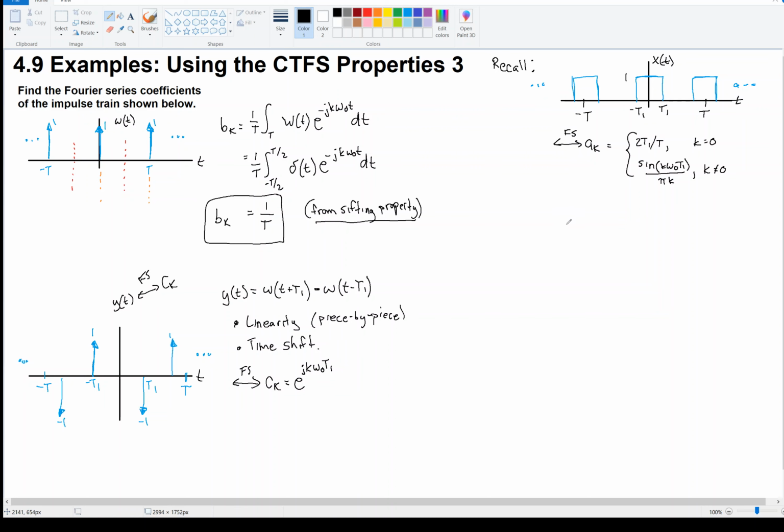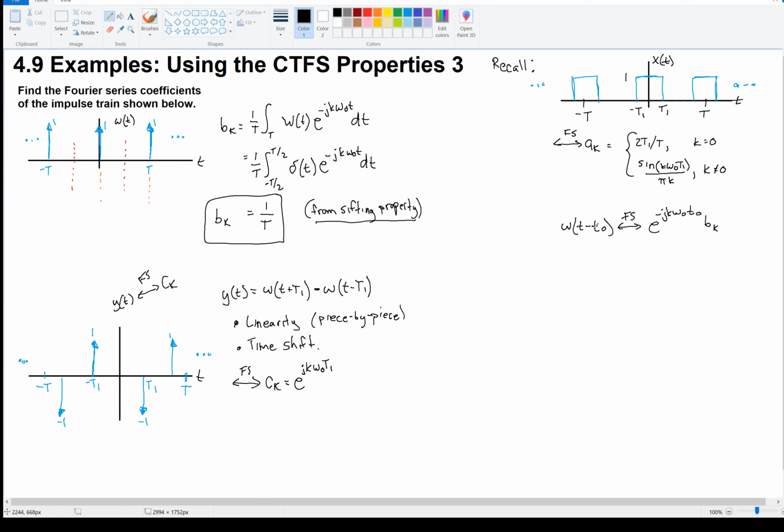The property says w of t minus t0 has a Fourier series e to the minus jk omega 0 t0 times bk, right? So we compare what we have to the formula, and we see that t1 is minus t0.